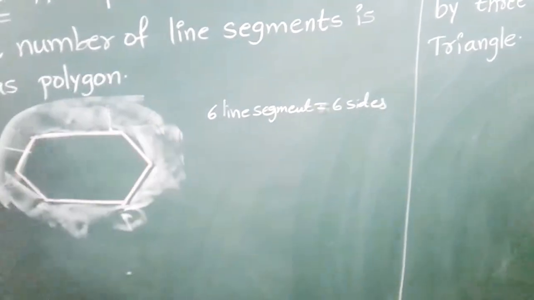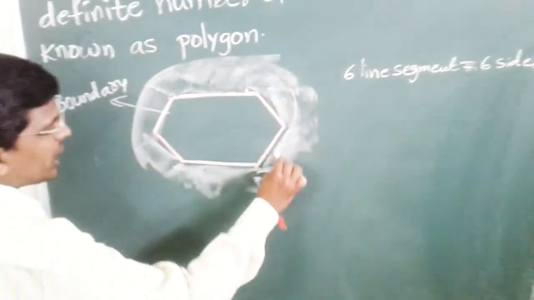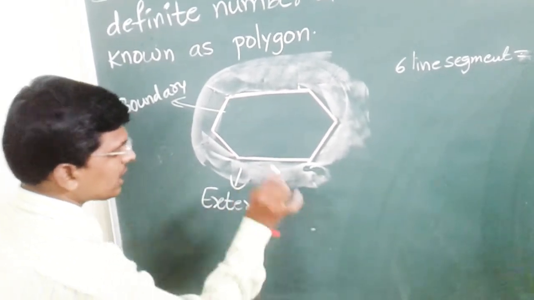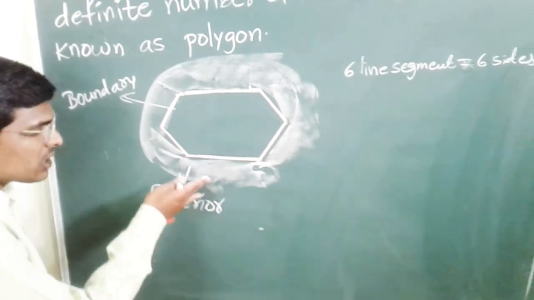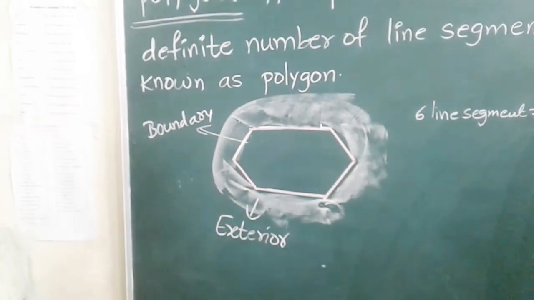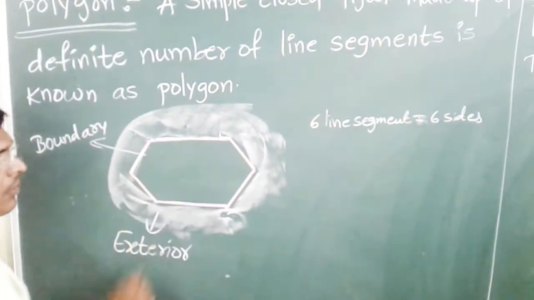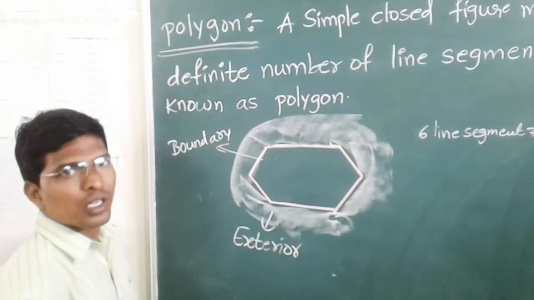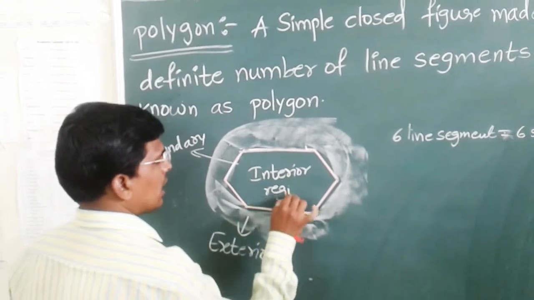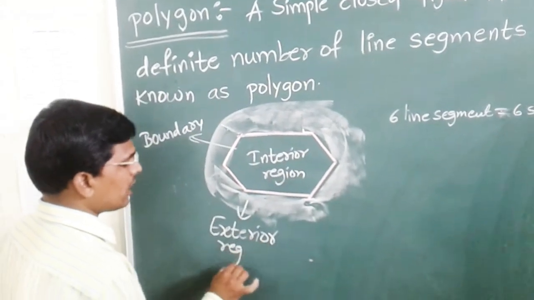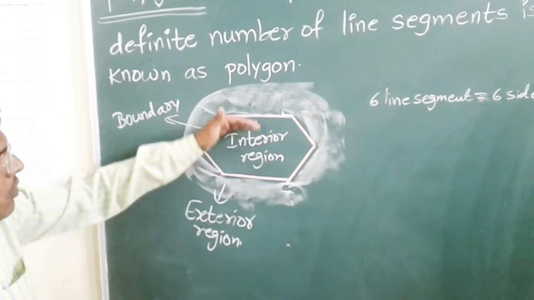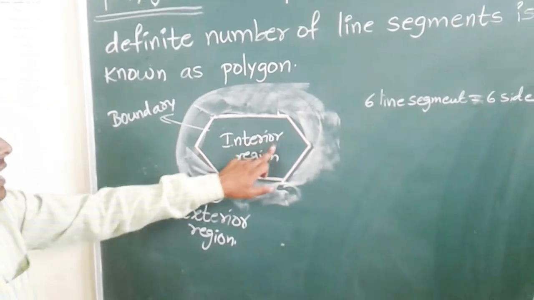See, this is the shaded region. This shaded region is known as the exterior. What is outside of this figure is known as the exterior of a polygon, which is out of the polygon. And the inner of the boundary: the region which is inside of the boundary of a polygon is known as the interior region, and this is the exterior region.